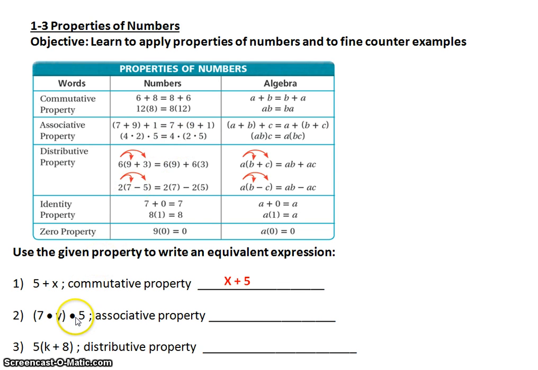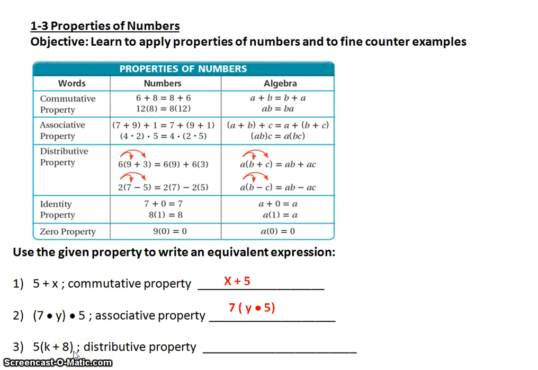So we need to change the parentheses down here. We are given the product of 7 and y, that is multiplied by 5. If we apply the associative property, we're going to have 7 times the product of y and 5. So the only difference is where the parentheses is located.